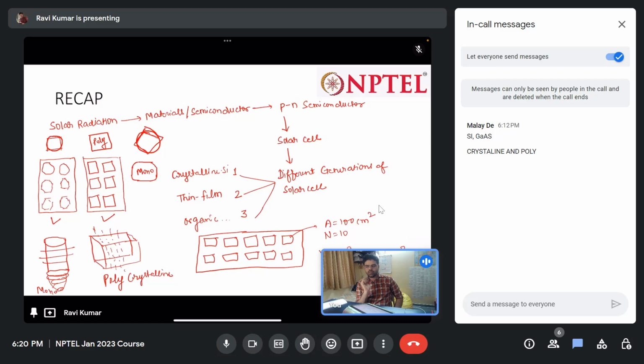By just seeing the connection, it matters. Series of panels. All connections are in series. This is the output, positive, negative. Now, these are say multicrystalline or polycrystalline.